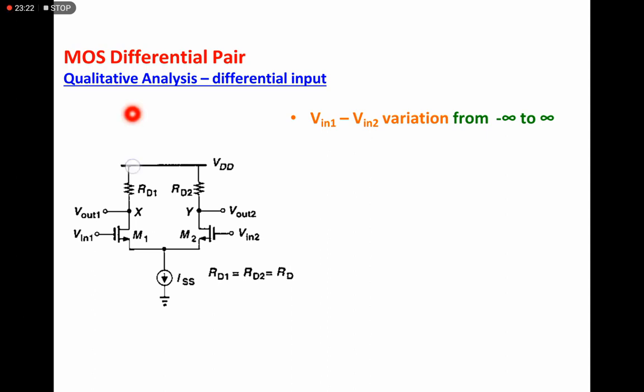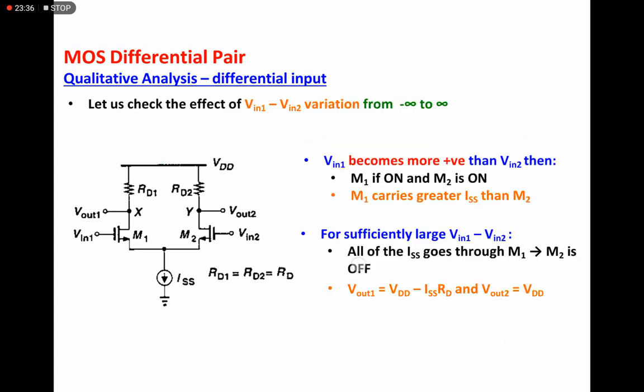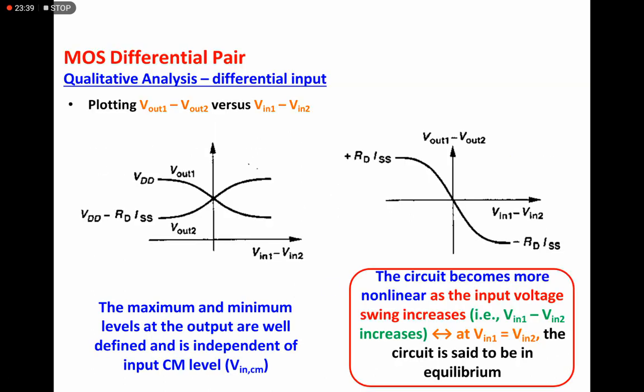In the qualitative analysis of MOS differential pair for differential input, we need to find the value of Vin1 minus Vin2 where this circuit will act as a differential amplifier. From the graph, we will get an idea. This will be the plot of V01 minus V02 output, actual delta output versus delta input.